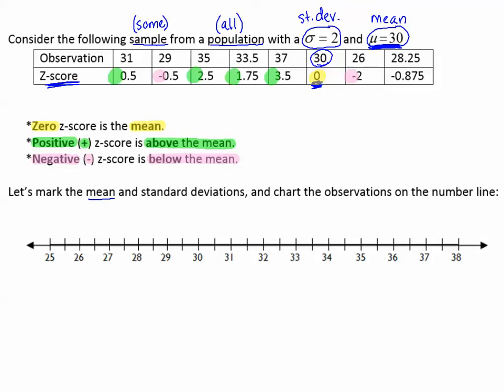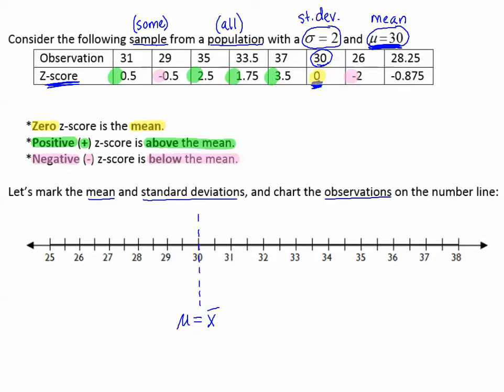Let's mark the mean and standard deviations and chart the observations on the number line. So beginning with the mean, that is 30, we'll put that as mu. Also remember that's x bar. And now the standard deviations.